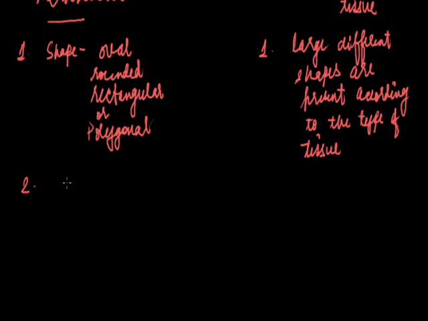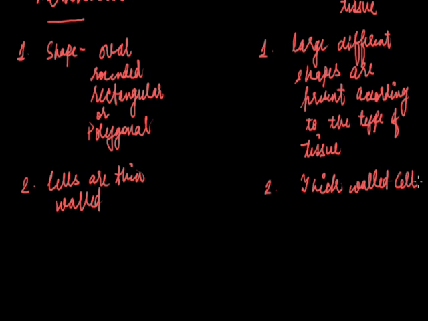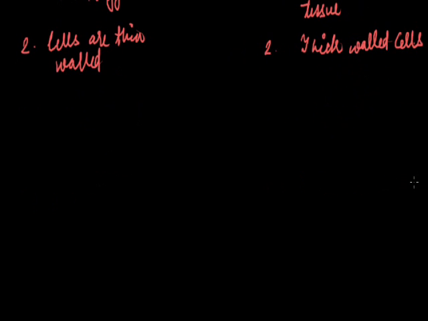In meristematic tissue, the cells are thin-walled. Why the cells are thin-walled? Because these are continuously dividing. But in case of permanent tissues, the cells are thick-walled. The cells of meristematic tissues are rich in cytoplasm.